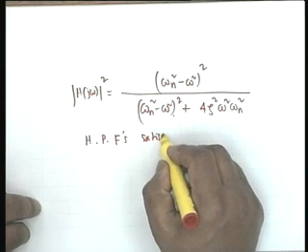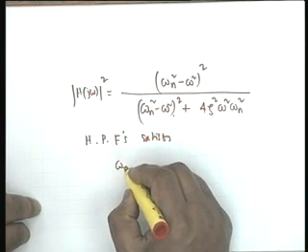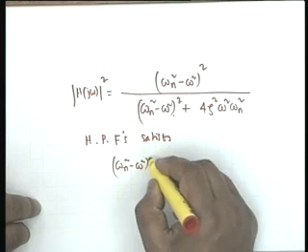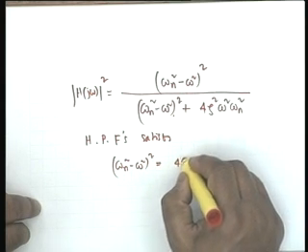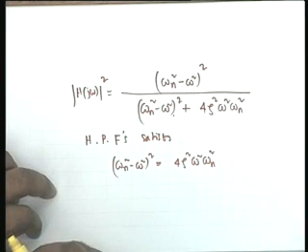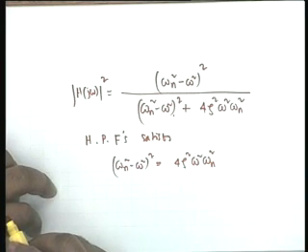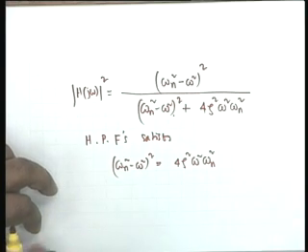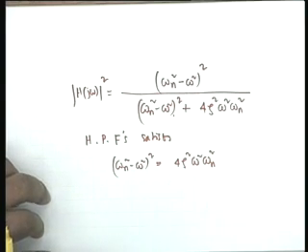satisfy (omega n squared minus omega squared) whole squared equal to 4 zeta squared omega squared omega n squared. And how many such half power frequencies shall there be? We want two, isn't it?